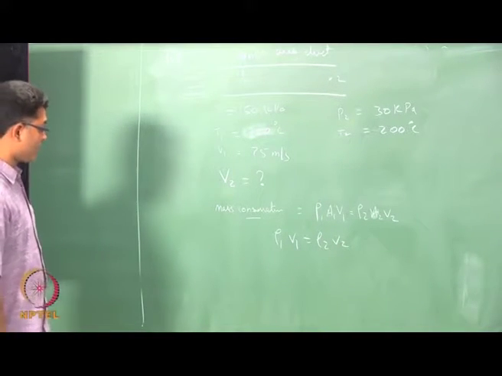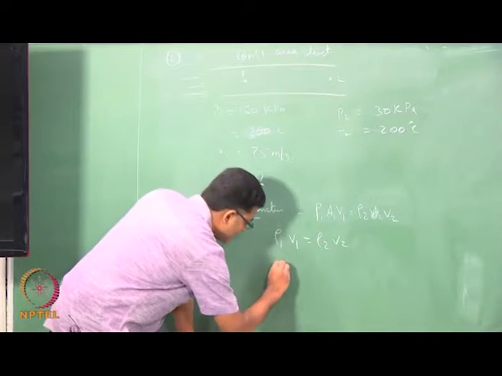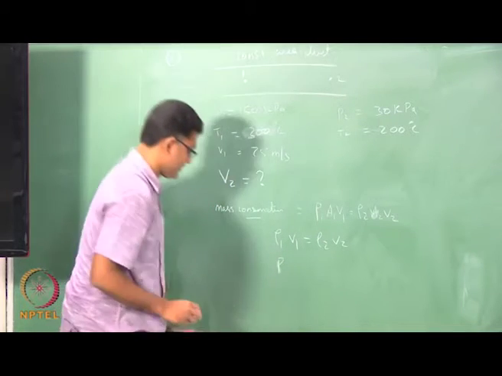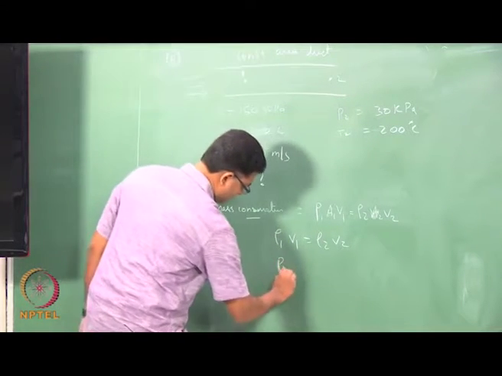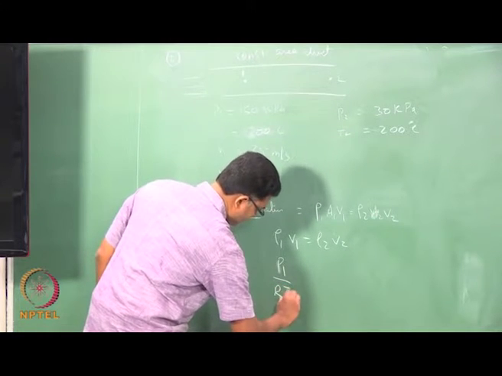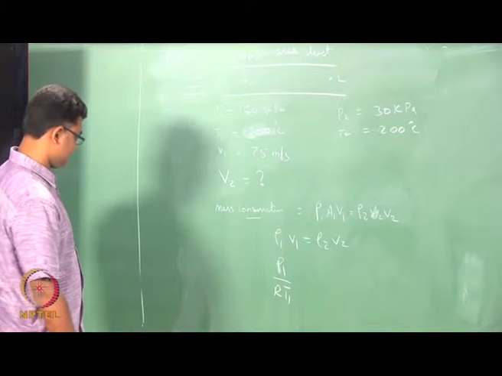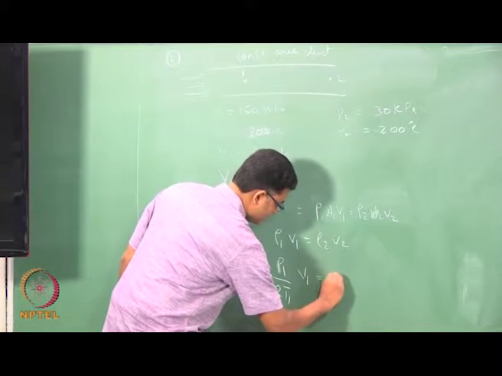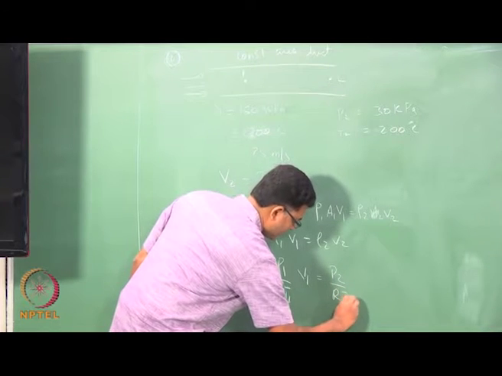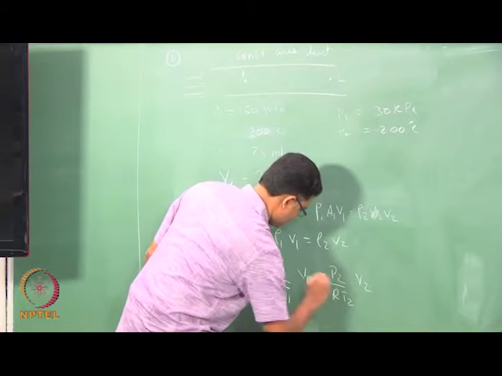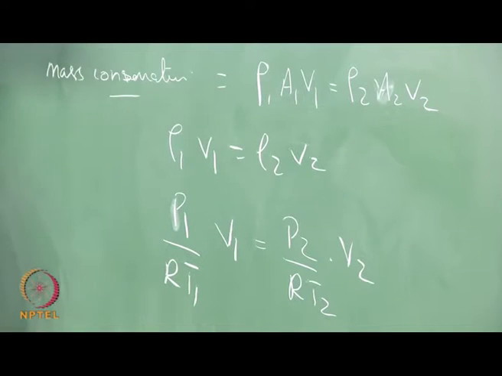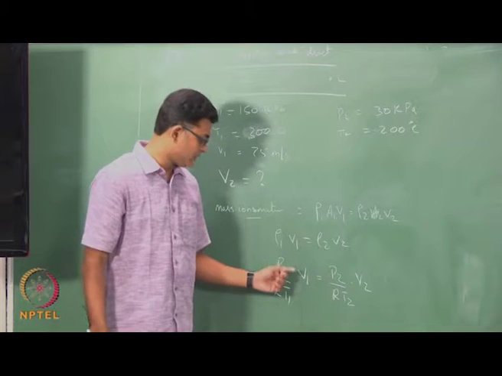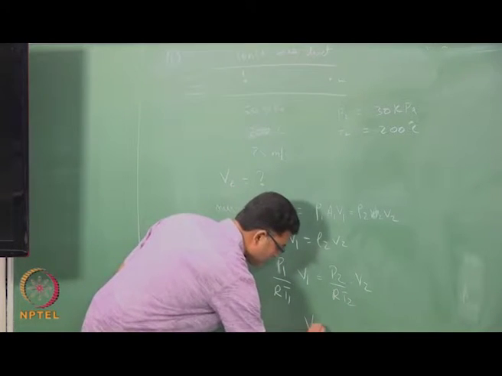Now, how will you find rho 1? You could use your ideal gas equation, which is P1 by R T1 into V1 equals P2 by R T2 into V2. Okay. So, you know all these quantities P1, T1, P2, T2 and V1, from which you could find your V2.